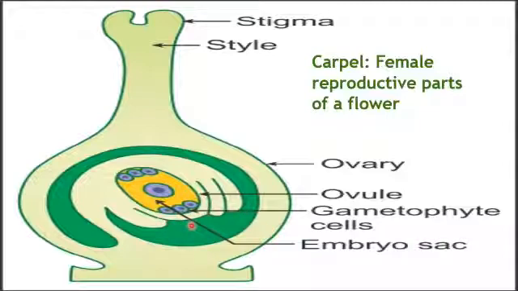Now, this was all about the various parts of the flower. In our next class, we will be discussing how the process of reproduction takes place. We will also study the process of pollination and fertilization.